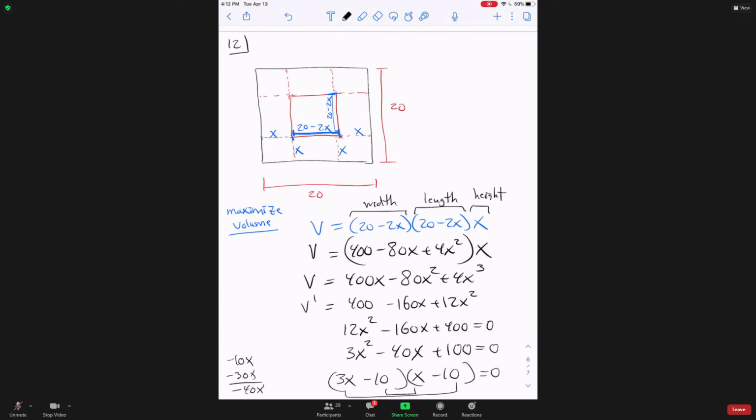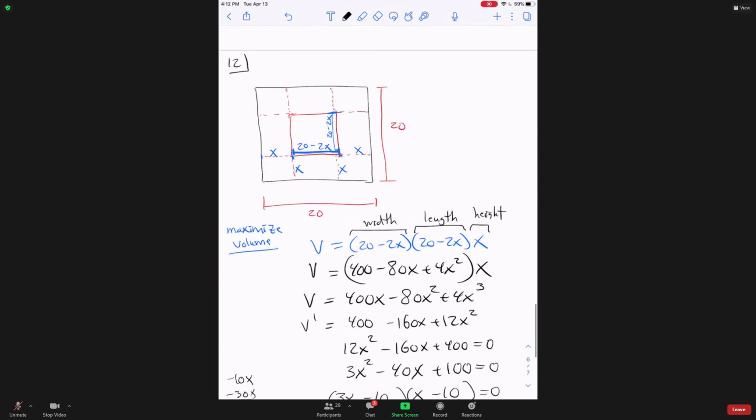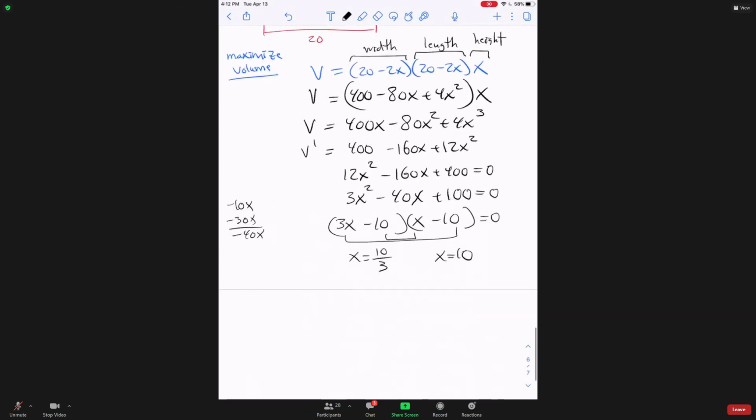So just remember we changed the question. Just keep that in mind. The side is 20 inches instead of 3 feet. But everything is correct. Okay.